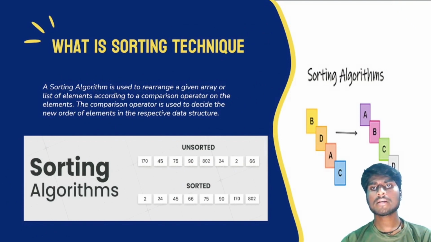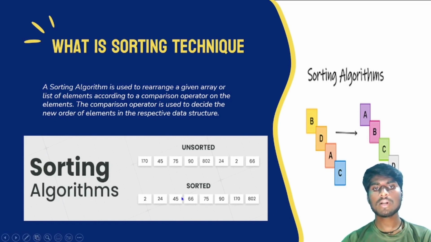What is a sorting technique? In this diagram, you can understand that the unsorted elements B, D, A, C are sorted. After applying the sorting technique, we got A, B, C, D in order. In the same way, we will learn about the sorting technique.